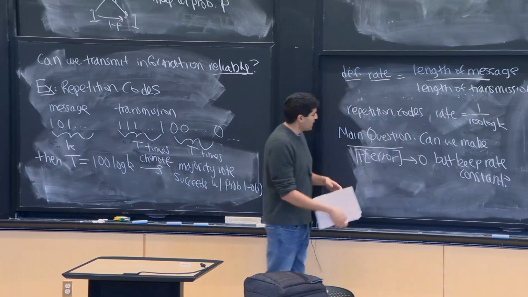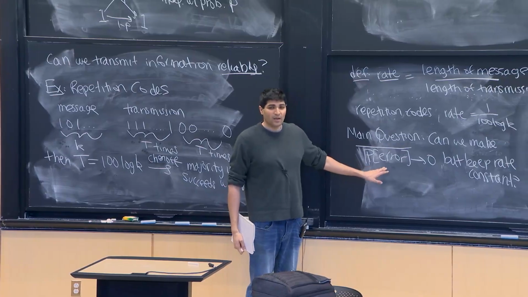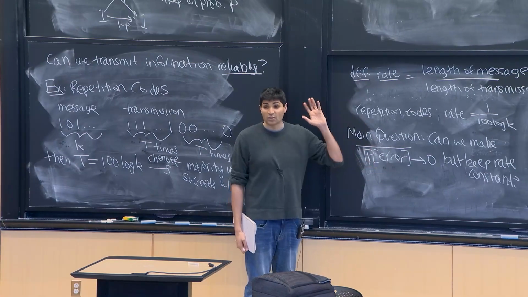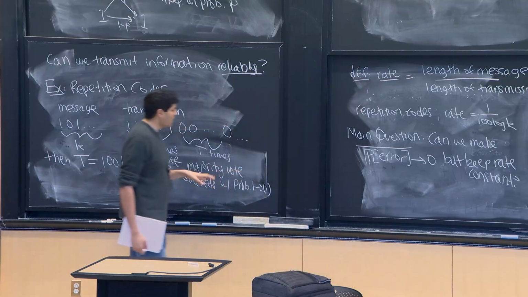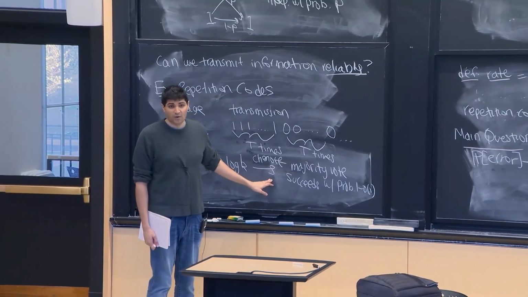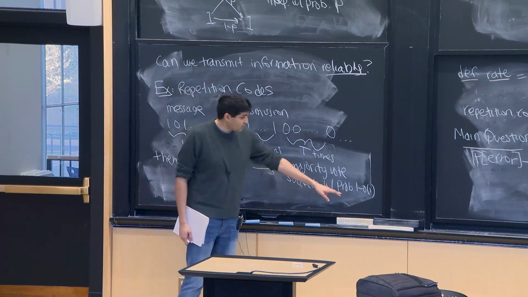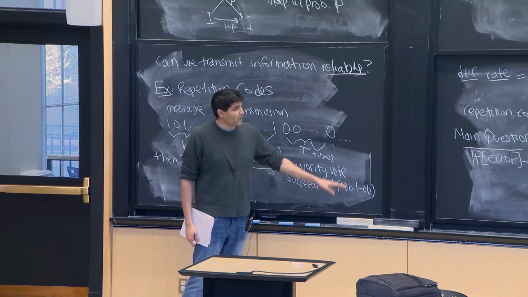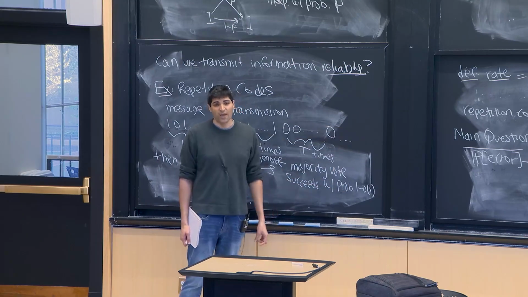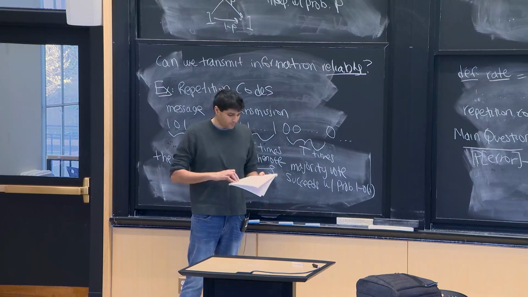And here, going to 0 means we're taking the limit as the length of my input message k goes to infinity. So is it possible to do much better than these repetition codes? We got the probability of error going to 0, that's fine, but we were transmitting very little information at the end of the day.